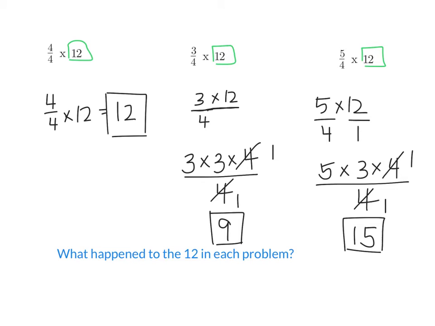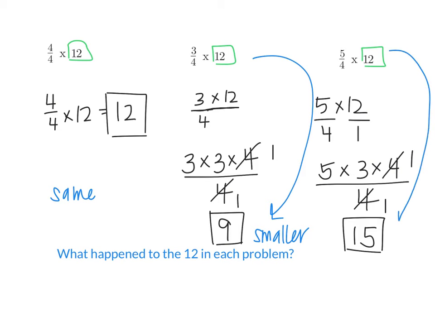So in these examples, in the first example, 4/4 times 12, what happened to the size of the 12? Stayed the same. What about 3/4 times 12? It got smaller. What about 5/4 times 12? It got bigger.